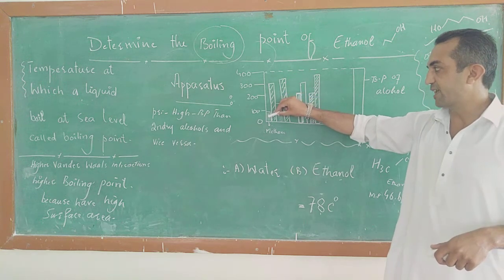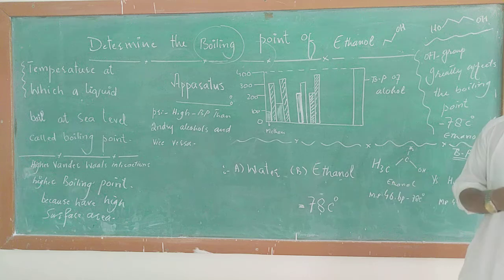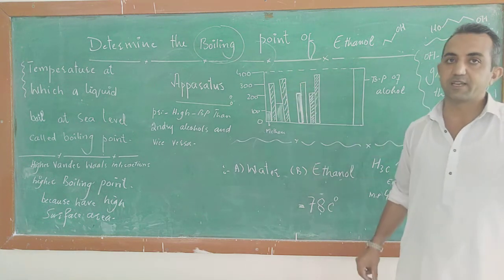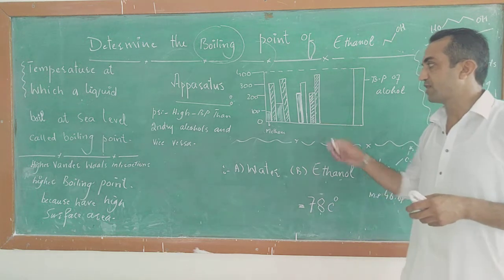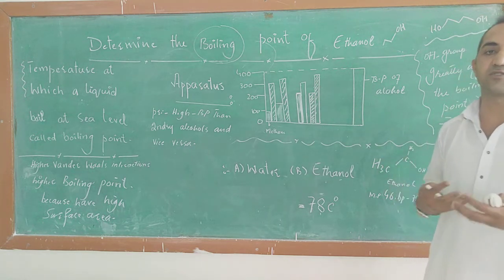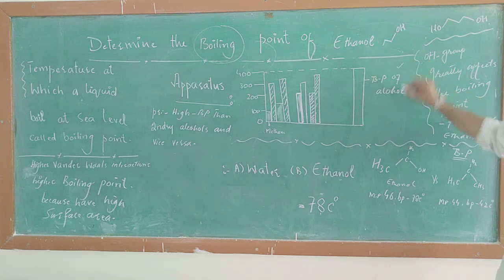The alkanes have fewer carbon and hydrogen bonds as compared to the alcohols. The alcohols have a very much higher and significant amount of carbon hydrogen bonding. These bonds create hydrogen bonding with each other as well, which in turn increases their boiling point.